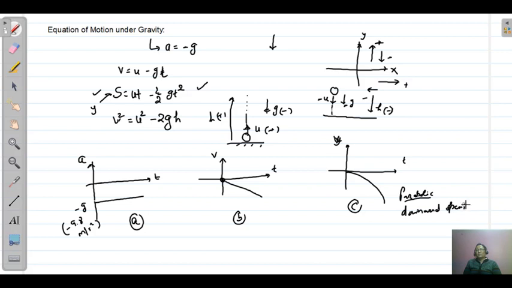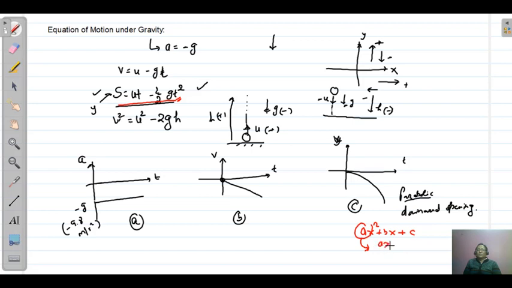because acceleration is negative. If we see this second equation, here the coefficient of t square is negative. And we have already said that for a quadratic equation ax square plus bx plus c, this a decides the shape of the parabola.